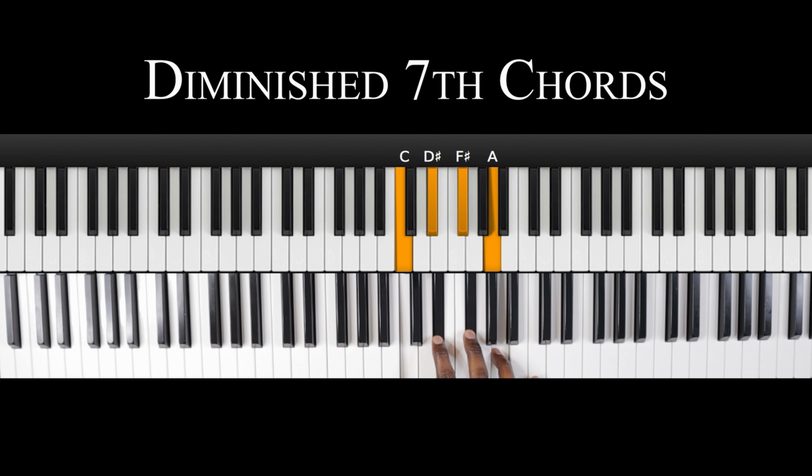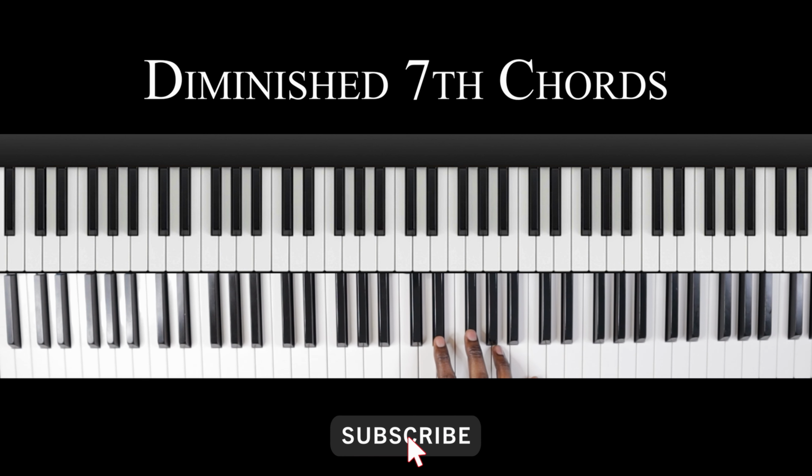I want to let you in on a secret. There are only 3 formations of this, and that will cover all our keys. The way that we can name a diminished seventh chord is by the root note, or what is played in the bass.